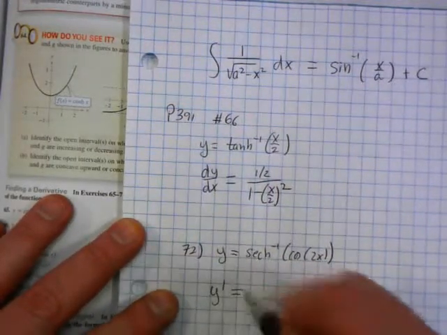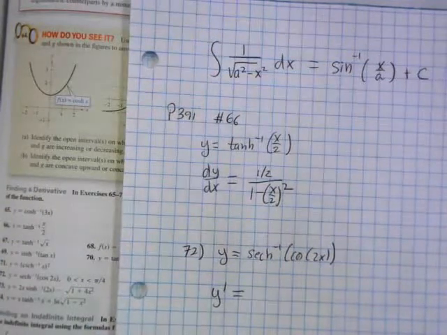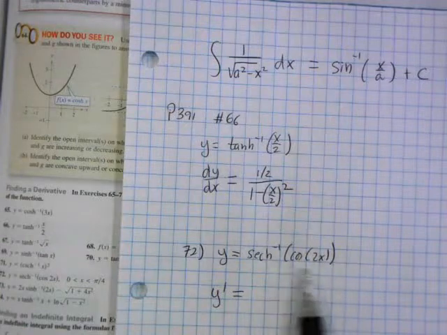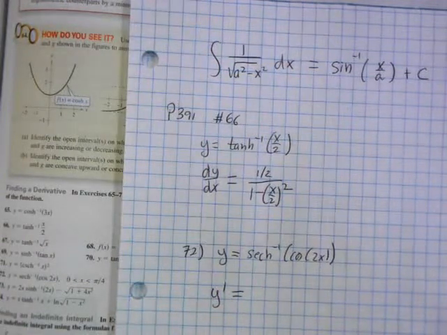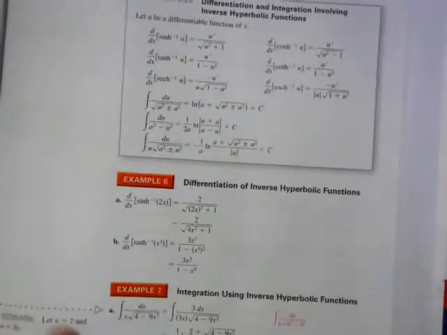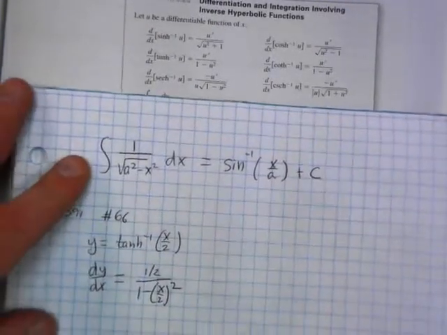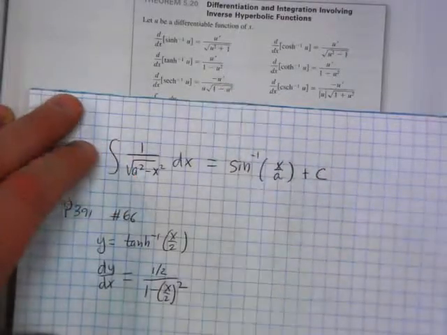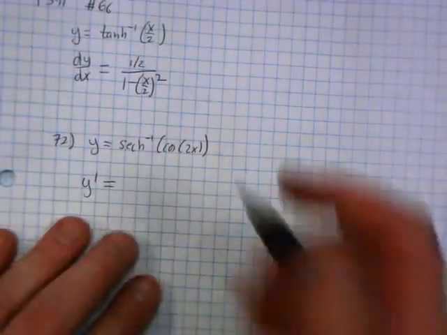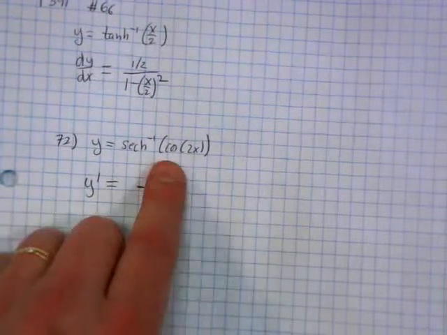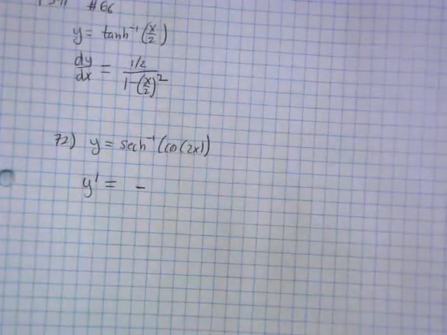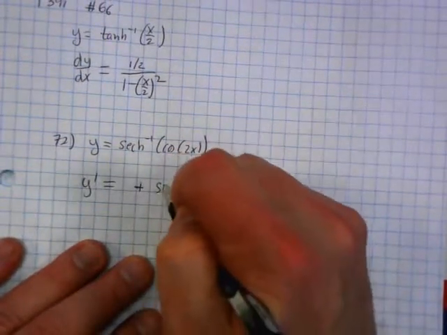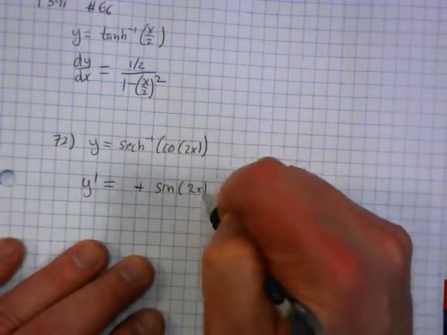Y prime is. Well, once again, we need a chain rule, don't we? Because we have hyperbolic secant, we don't just have x there. So once again, we flip the page back and look up our rule. It's the derivative minus the derivative of whatever's inside there. So that's going to be minus, what's the derivative of cosine of 2x? Negative sine 2x times 2.